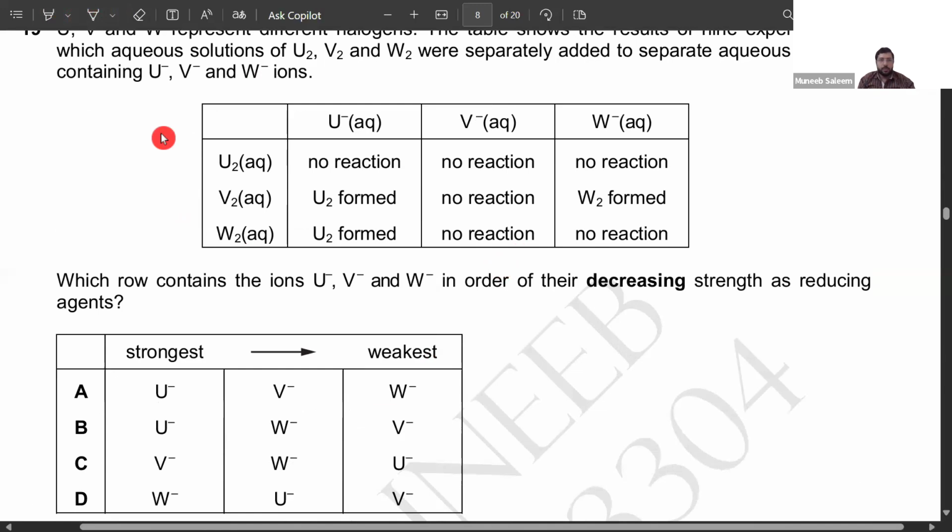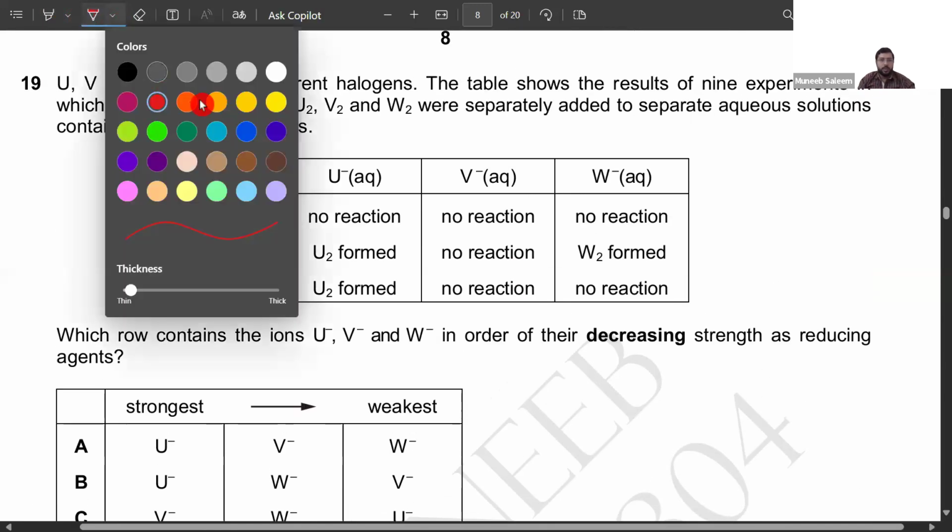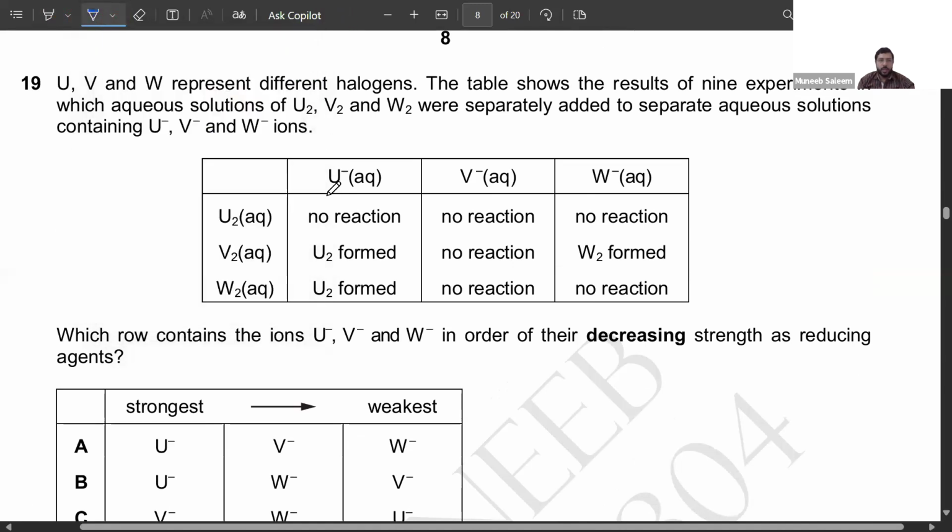All right, so for this purpose, let's start from the first part in which the U minus ion is added into the solution of U2. So no reaction is here. Definitely we do not get a reaction with similar halogens. But if you look at U minus reacting with V2, it says U2 is formed. So what do we observe? U minus is converted to U2, and that indicates it is oxidized.